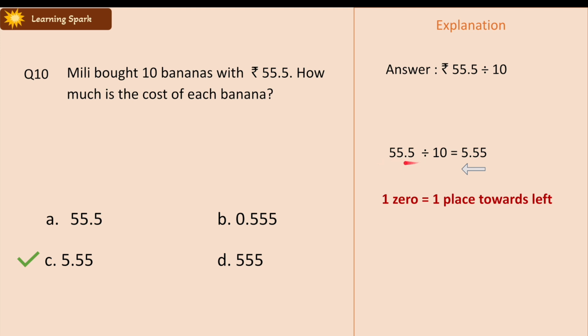You see that in this number, the decimal point is already one place left, starting from the extreme right, and then it will move one place left again. So it moves 2 places total and becomes 5.55. So 5.55 becomes the answer. Okay, so C is the answer.